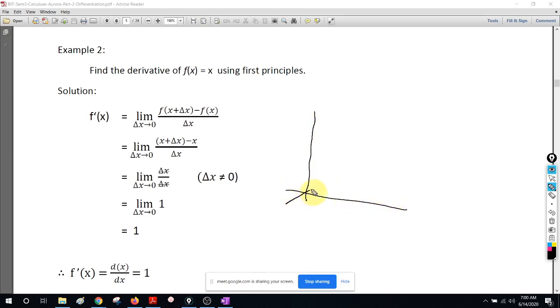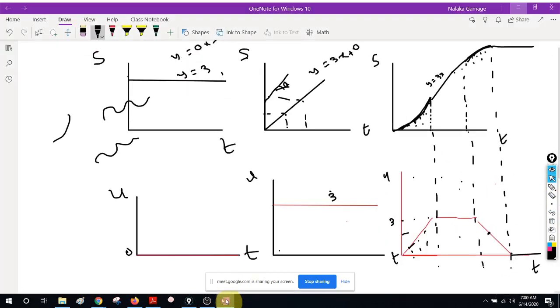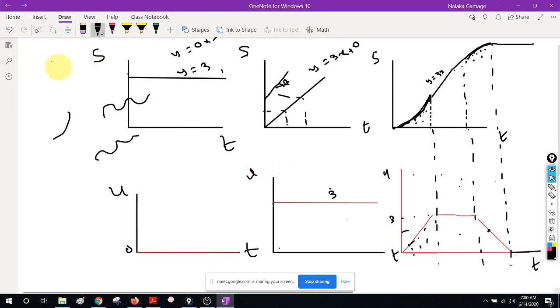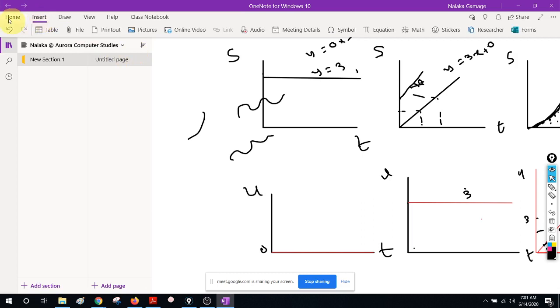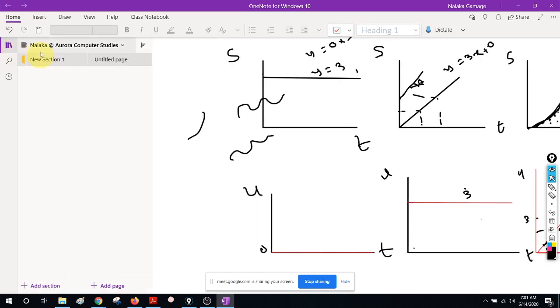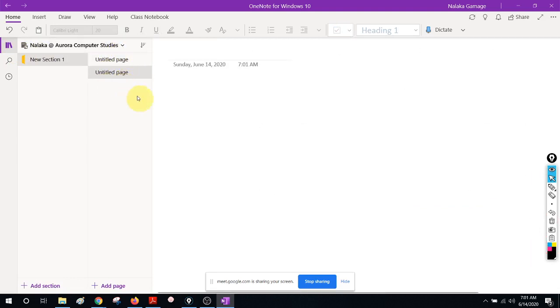If it is y equal x, it's something like this. I will do it in one note thing, on a new page.